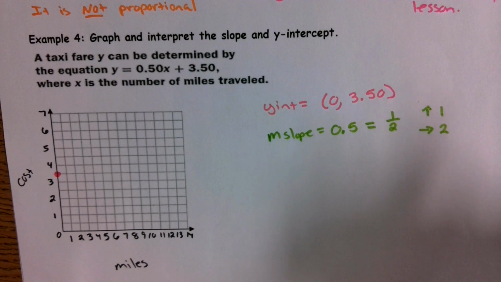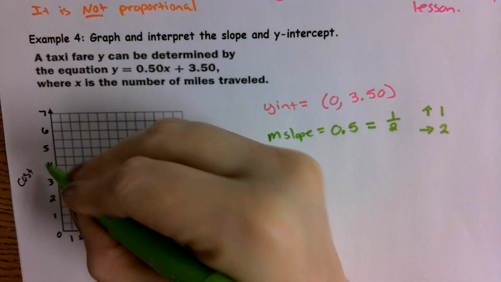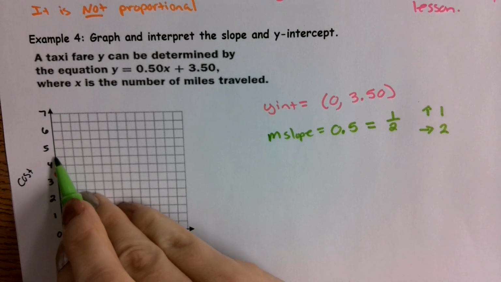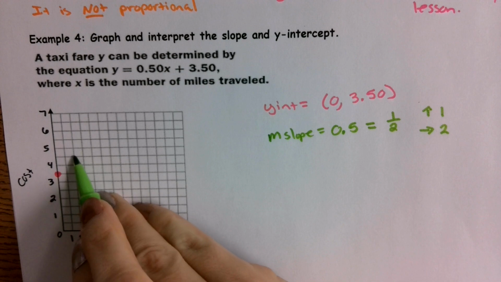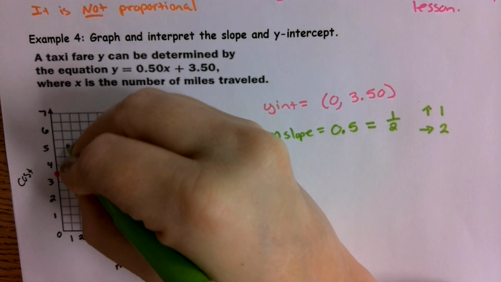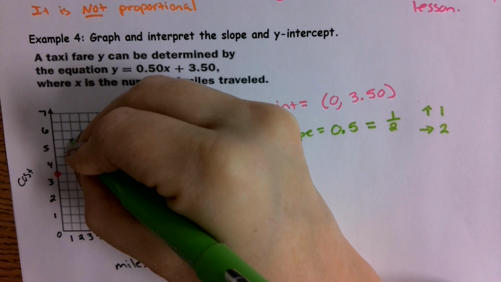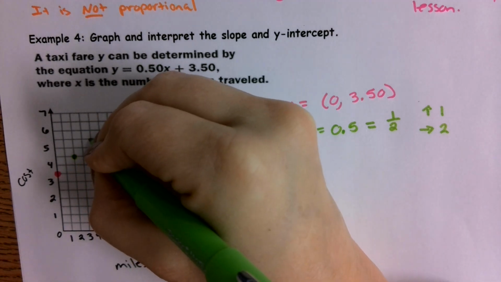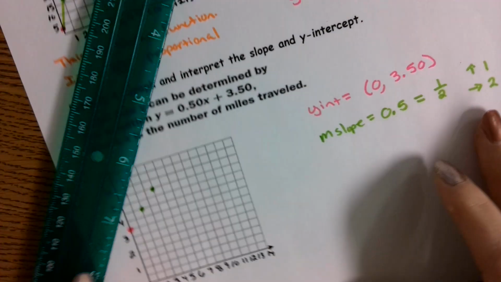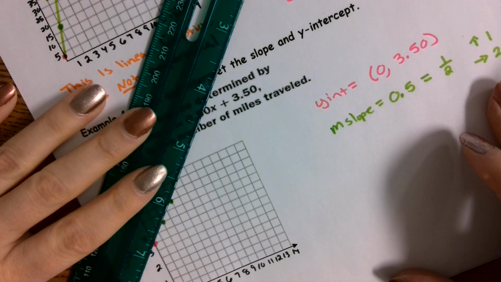You go up 1 whole and to the right 2. So I'm going to go up 1 whole. So that takes me from 3.5 to 4.5. And then I'm going to go to the right 2. 1, 2. I'm going to go up 1 whole, which takes me to the 5.5. And then to the right 2. 1, 2. Okay, I just have to graph 3 points. And then I can connect.